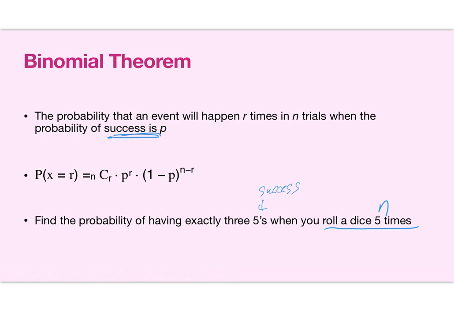What's the probability of getting a 5 if I roll a dice once? 1 out of 6, because a die has 6 sides. So there's 5 trials. I want to get a 5. The probability of getting a 5 is 1/6. How many 5s do I want? Exactly 3. That's r.